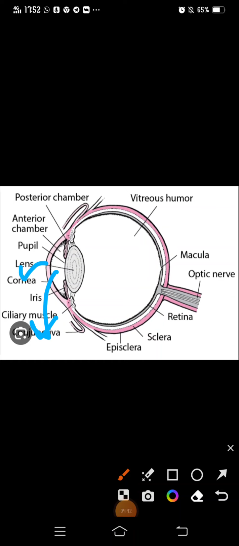Whenever any defect is produced in this cornea and its epithelium is completely destroyed, infiltrative cells can come into this anterior chamber, and this condition is known as hypopyon. But this is sterile hypopyon. Sterile hypopyon means that there are no bacteria in this chamber.